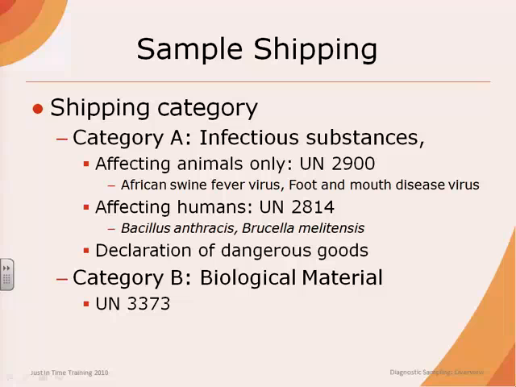Category B materials include specimens for general, diagnostic, or investigational purposes. Must have leak-proof triple packaging and should be labeled on the outside of the box with the code UN 3373. These designations impact the packaging, labeling, and shipping parameters of the sample, which must comply with federal regulation.